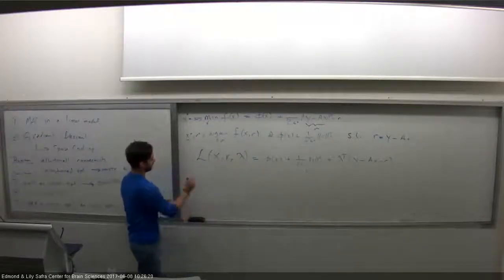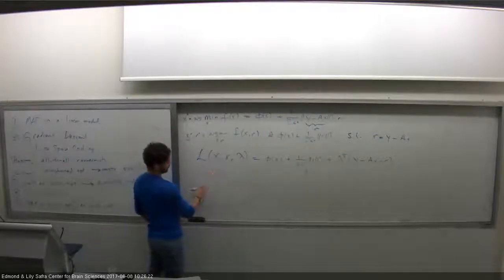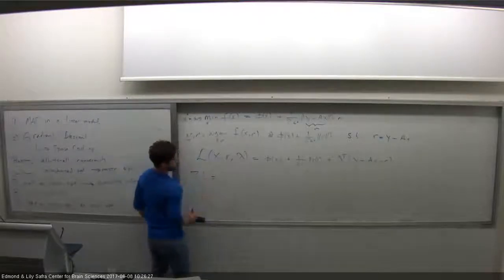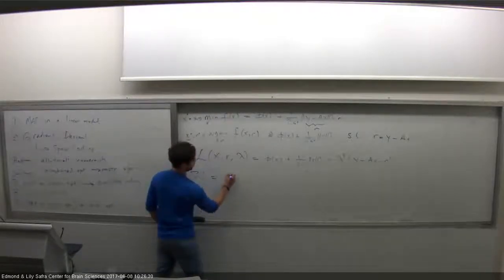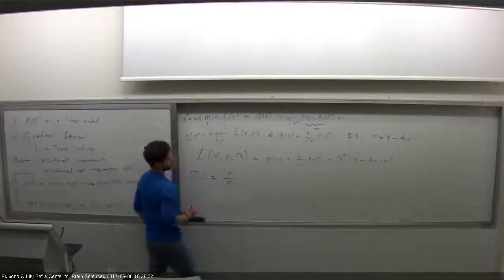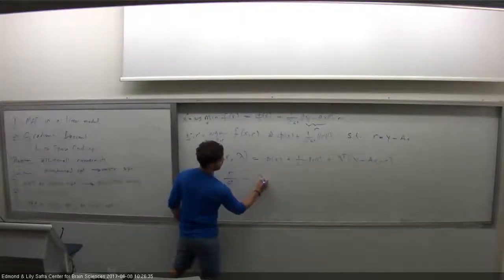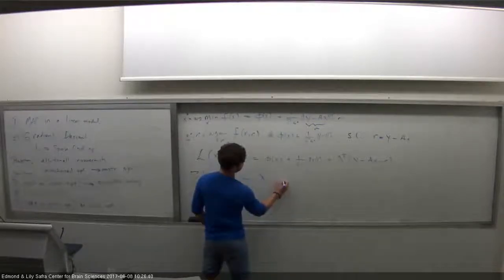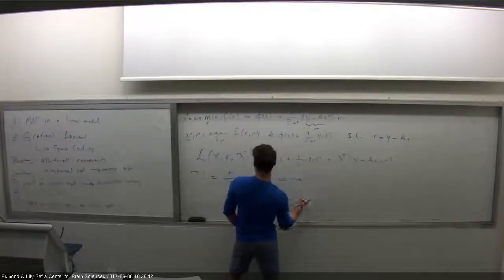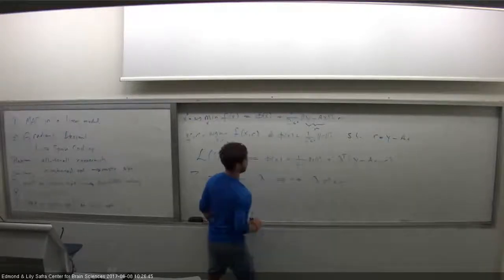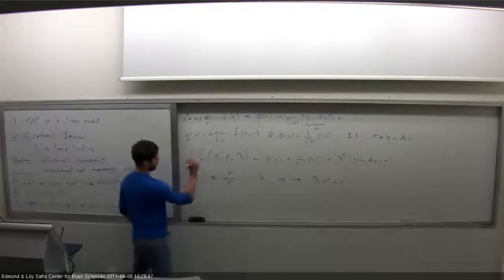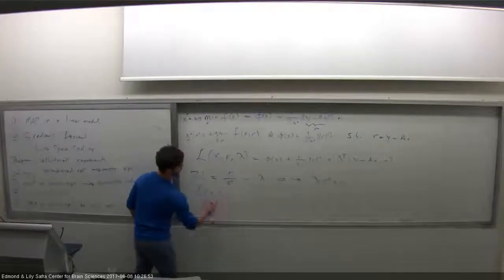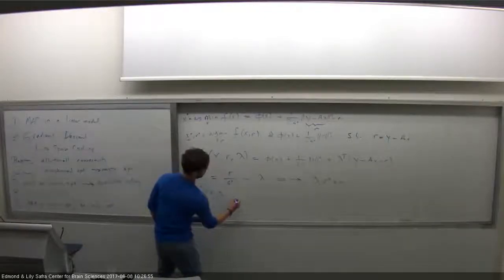If I knew what lambda was, what was the minimum for r? This is going to equal r over sigma squared minus lambda, and we just set this to 0. Now we can get rid of r from this whole procedure and have it be just in terms of lambda and x. So we've eliminated one of the variables already.